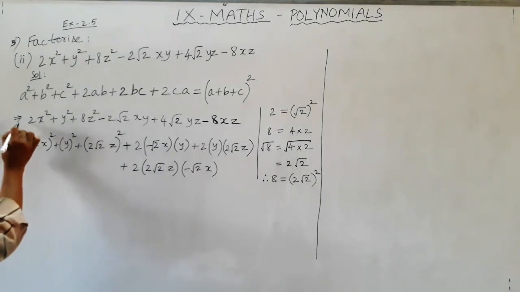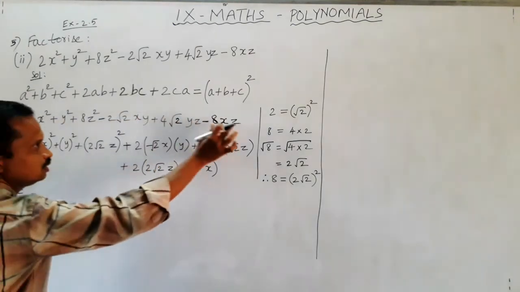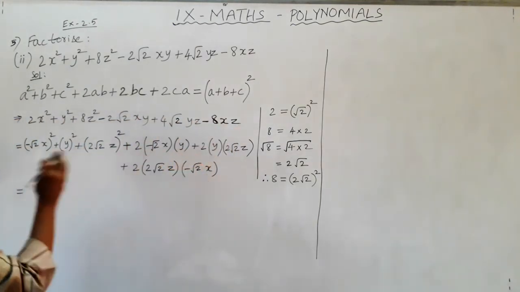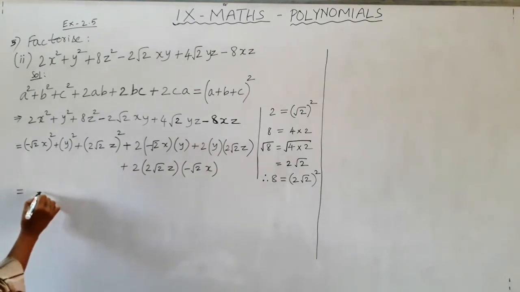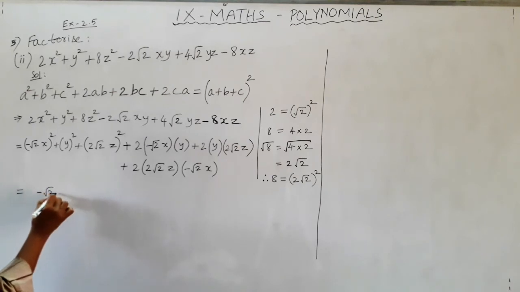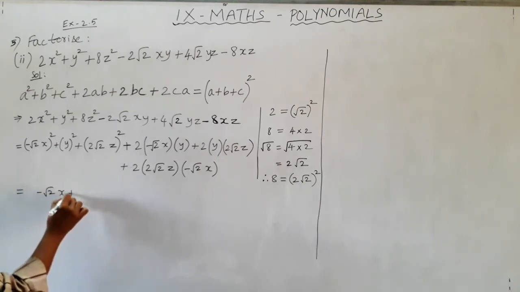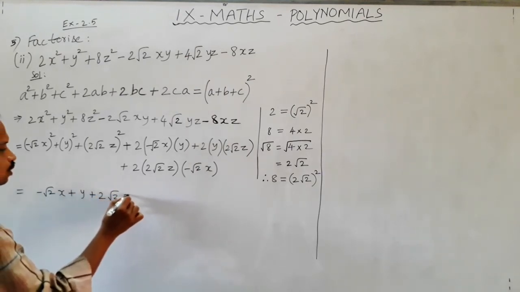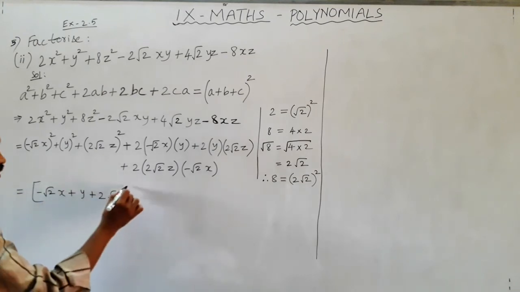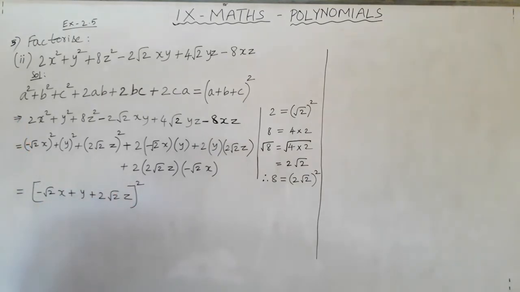Okay, implies and then equal only. This is the question which is equal to this one and which is equal to now what I am writing. And now instead of a, minus root 2 x, and then for b, plus y, and for c, plus 2 root 2 z the whole square. This is a plus b plus c whole square.